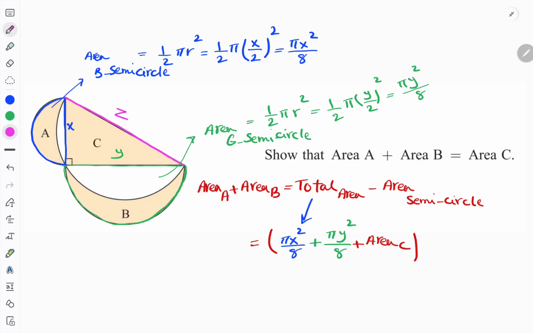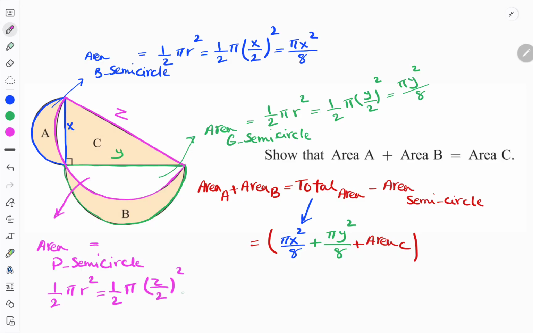I'm going to use pink color to show you. And area of pink semicircle equals half of PR squared, and here R, in fact the diameter is called Z, so the radius is half of that, Z over 2 squared.